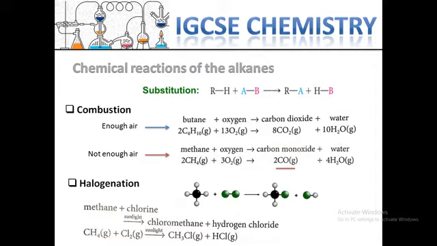So methane, as we know, is an alkane. If methane reacts with chlorine in the presence of sunlight, this reaction is a substitution reaction and it follows the general pattern that I explained.